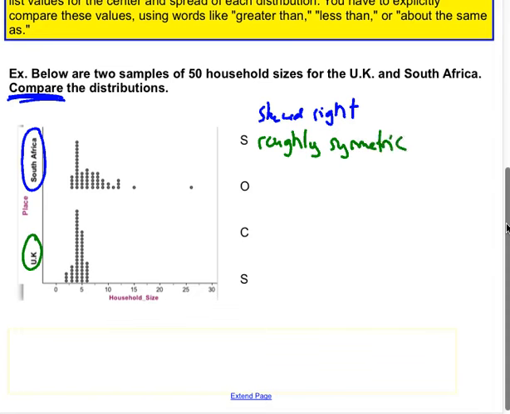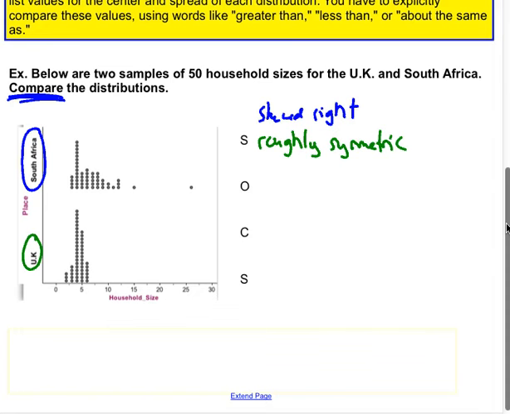Because there's no dots out here or anything like that trailing off. They're condensed and for the most part pretty symmetric looking. So again, notice my soft language, I use roughly symmetric. It's not exactly symmetric, but it's close enough.